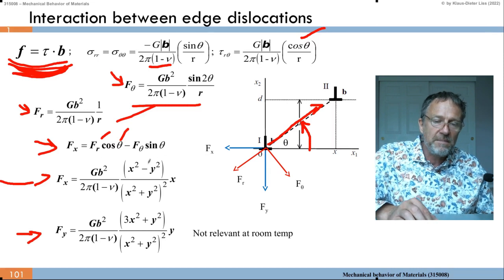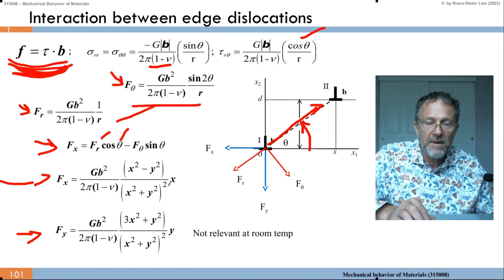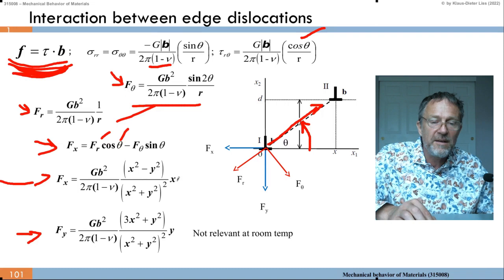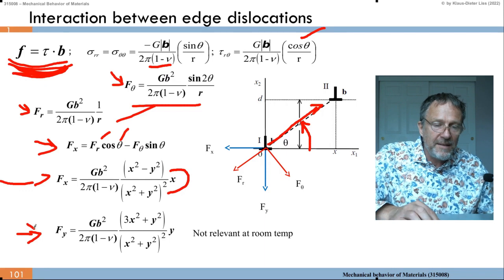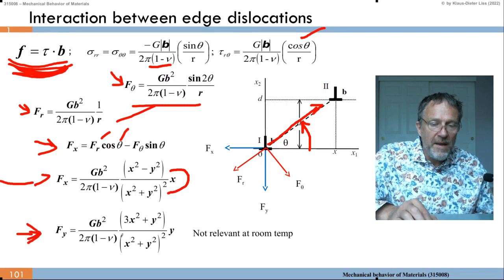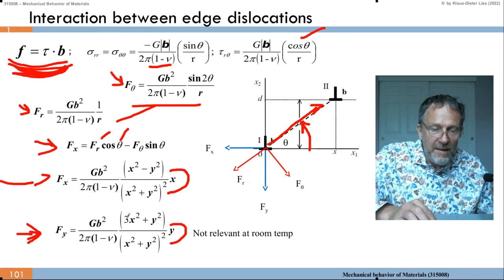And here we have x squared minus y squared divided by x squared plus y squared, which is the radius squared, times x. So it scales with x. And for the y component, we also get something scaling with y, but in the numerator we have here 3x squared plus y squared. So here we have x squared minus y squared, and here we have 3x squared plus y squared.